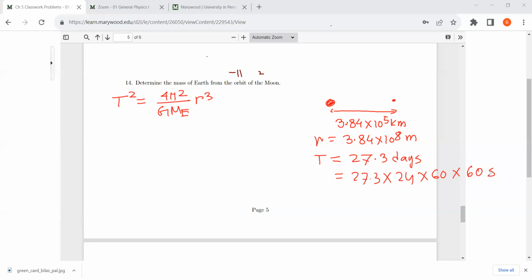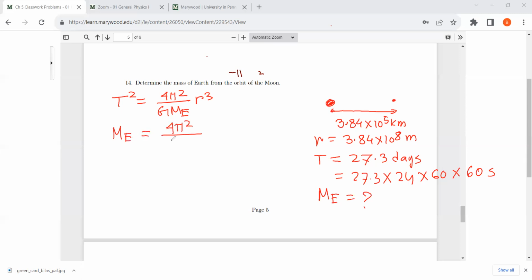If we know r and t, we can easily calculate the mass. Although this information is not given in the question, we can use it. Because we have to calculate the mass of earth, let's solve this equation for the mass of earth.